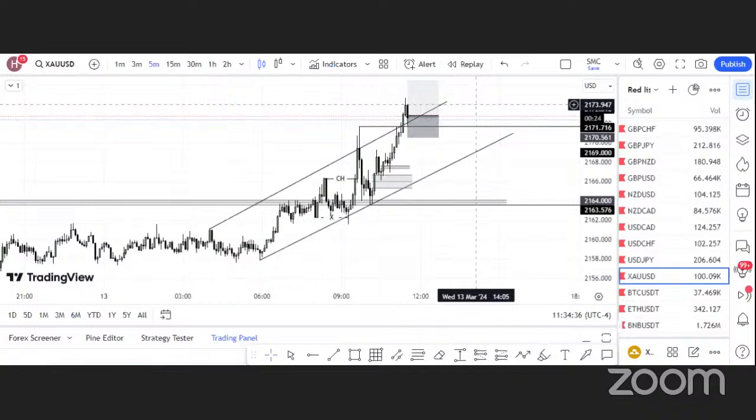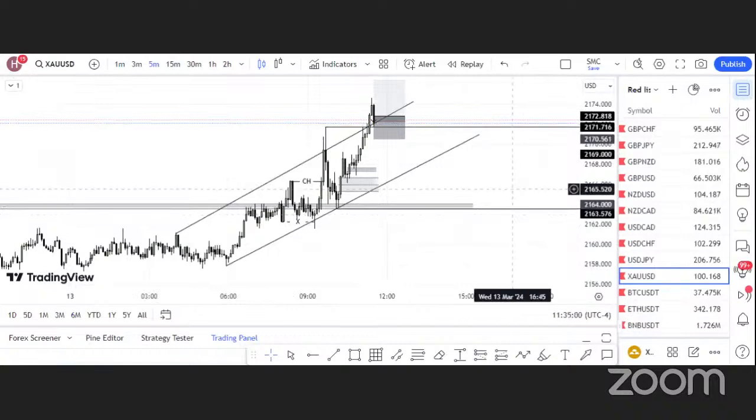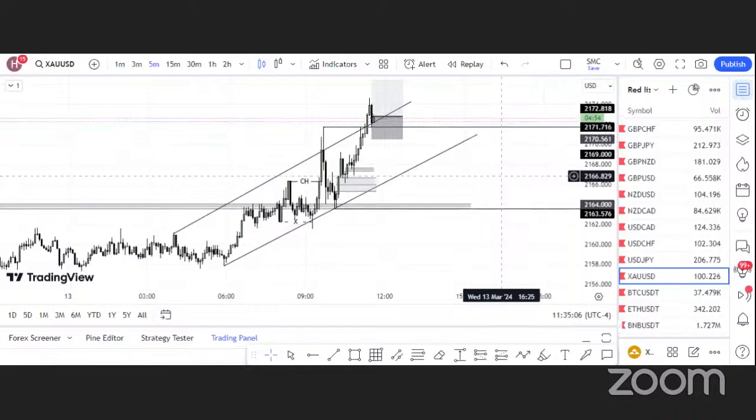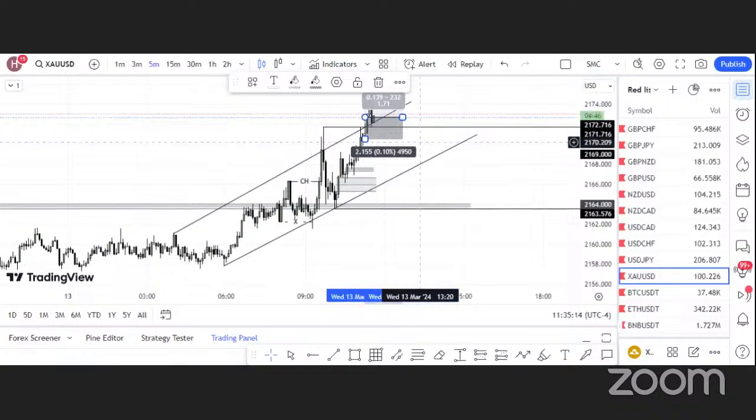Okay, a few seconds to the end of this current candle. Okay, so the candle closed, but I'm not comfortable with how it closed.